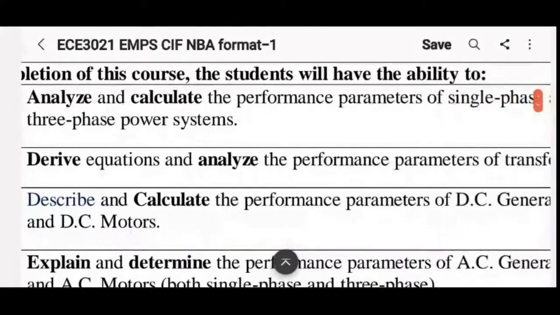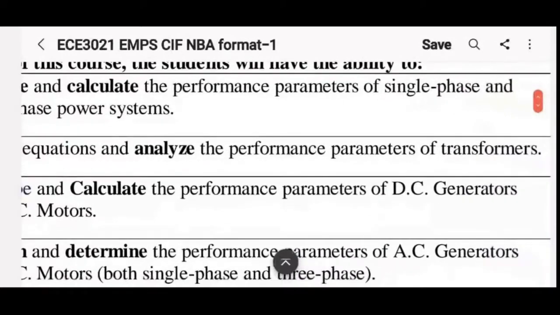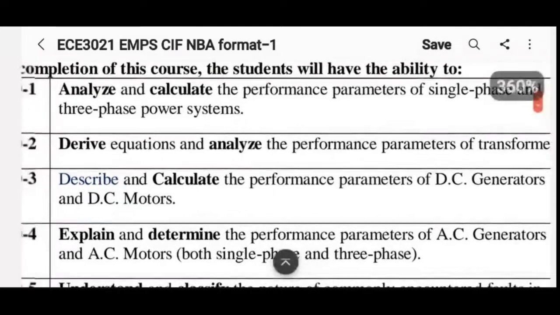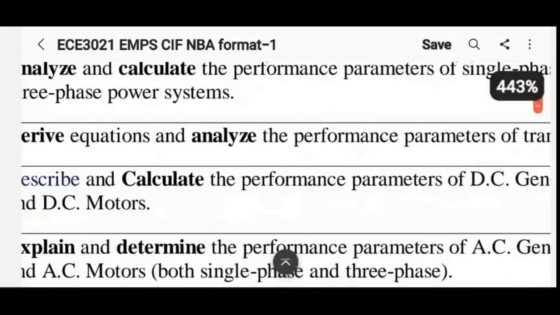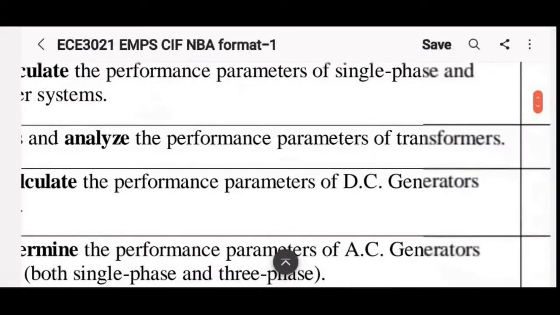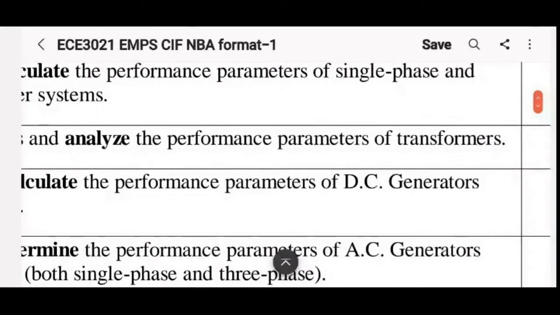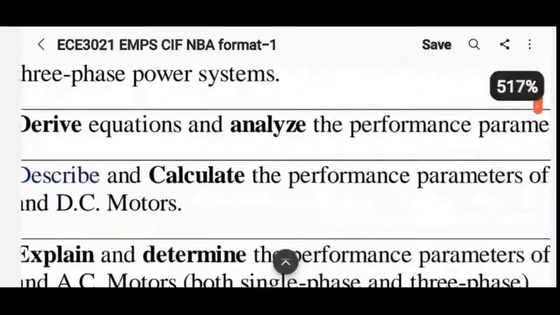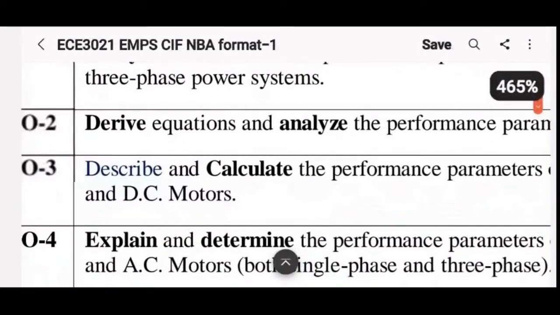CO2 is about transformers. You will go through a bit of analysis, in fact, quite a bit of analysis of a typical transformer, and then how you calculate the performance parameters by drawing approximate equivalent circuits, how you experimentally characterize the performance, and so on.